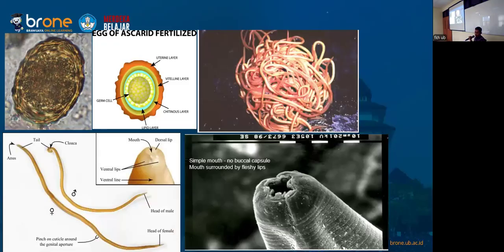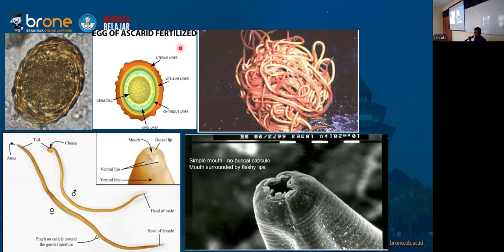Now, this picture shows you the characteristics of the egg. It has a thick shell with multiple layers here: 1, 2, 3, 4, and so on.